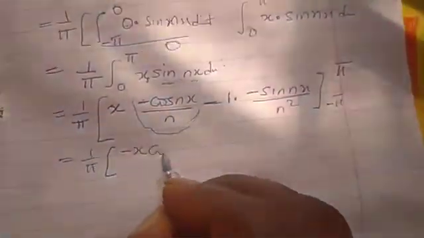But there's another n here, making n squared. So from minus pi to pi, if we simplify further, we should have minus x cos nx over n. This will be plus sin nx over n squared.